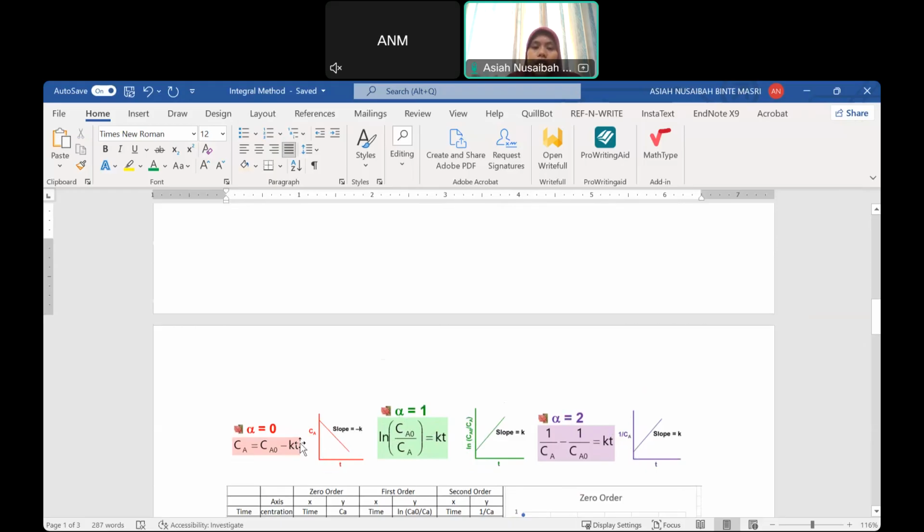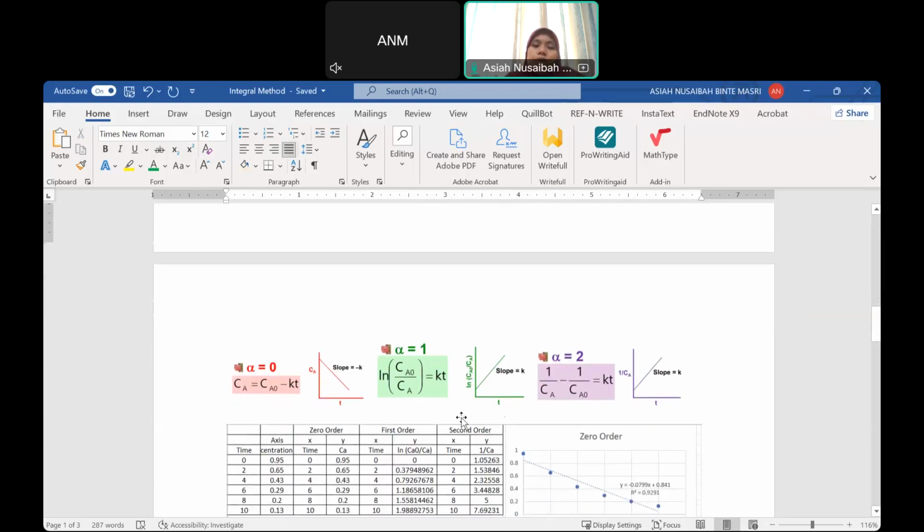Just take note, for alpha equals 0 and alpha equals 2, there is no problem. You can simply plot the graph and find whether the result follows the linear equation y equals mx plus c. However, for alpha equals 1, ensure that your intercept, your c, must be 0. So when you draw the trend line, it must cross (0, 0).